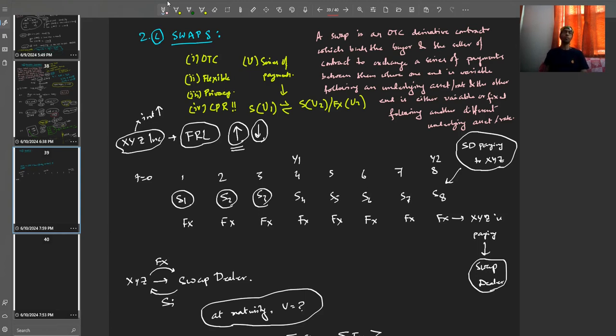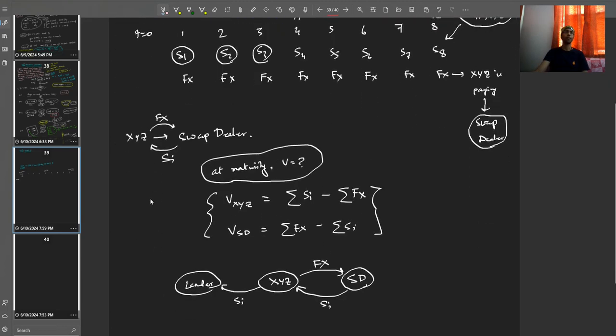Now, pertaining to swaps, let us understand who is a buyer and a seller. In our example, friends, the swap dealer is the seller and XYZ is the buyer.